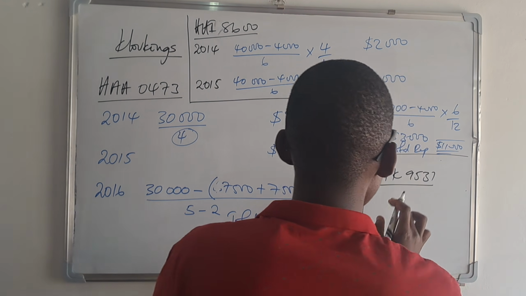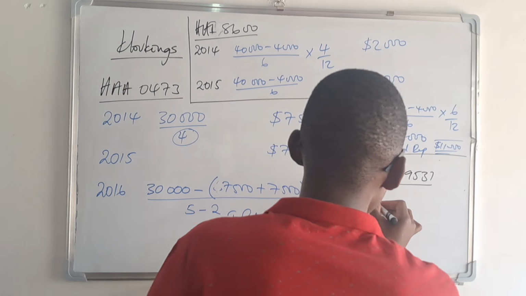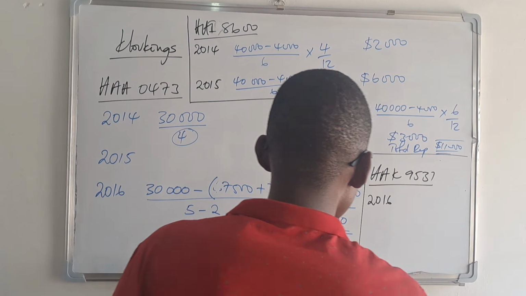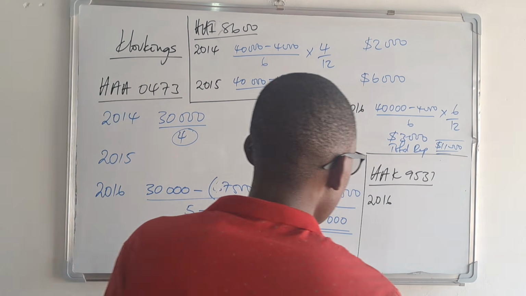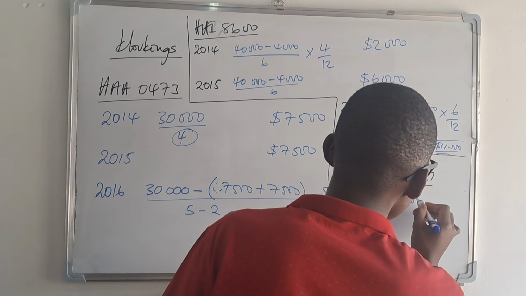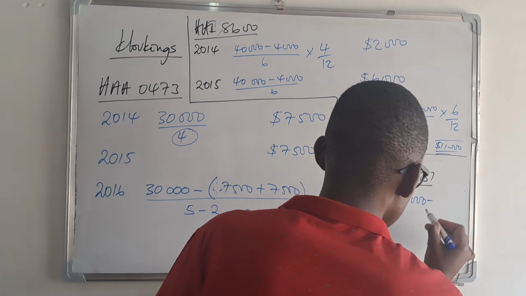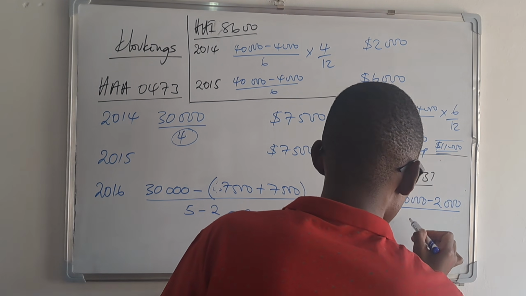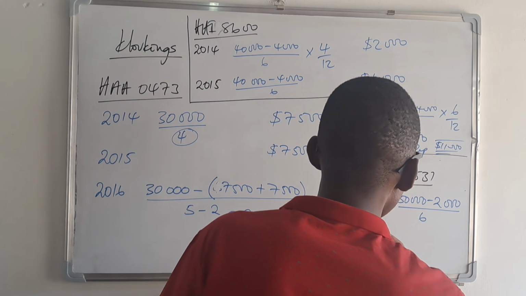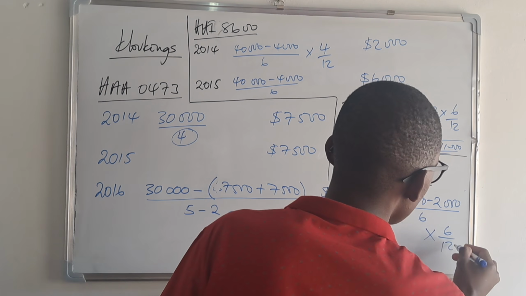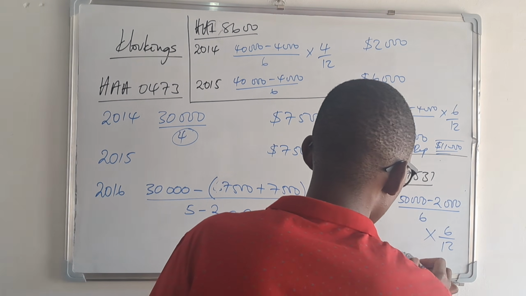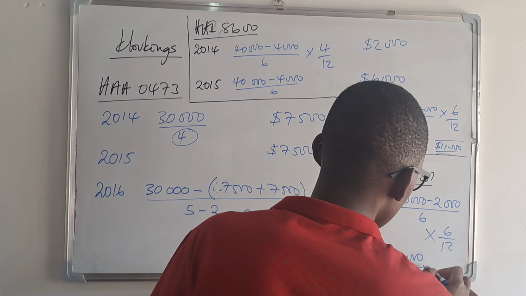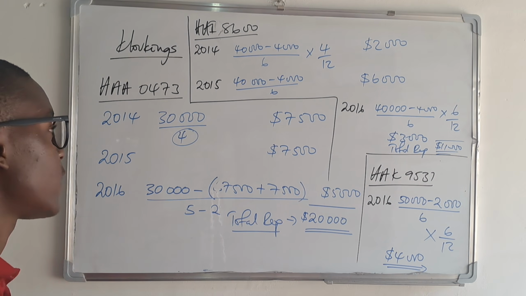In terms of AAK 9531, we calculate from 2016 because it was bought in 2016. The cost is 50,000 minus 2,000, the residual value, over 6, our estimated useful life, times 6 over 12. Your depreciation will be $4,000 for AAK 9531.